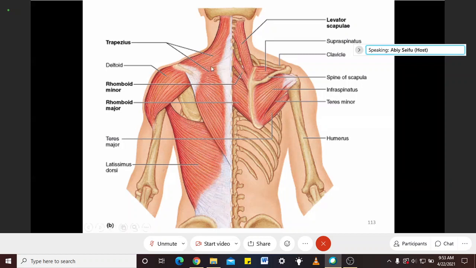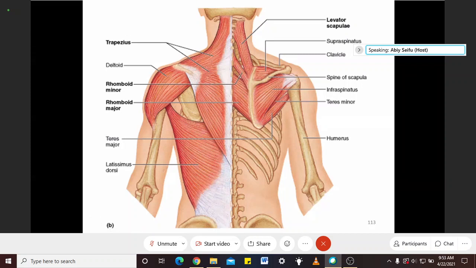As the name tells, it is a quadrangular muscle, seeming like a trapezium. This is one half of the trapezius muscle, and from the other side there is the other half. The two muscles together give a trapezium, so that is why it is called the trapezius muscle. And this one is the latissimus dorsi muscle.